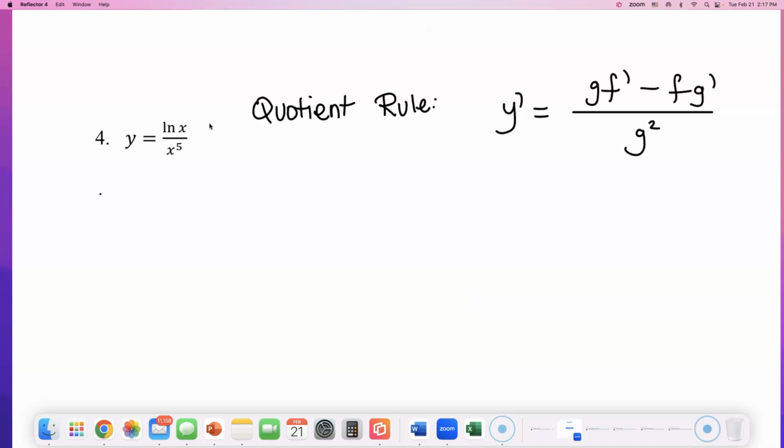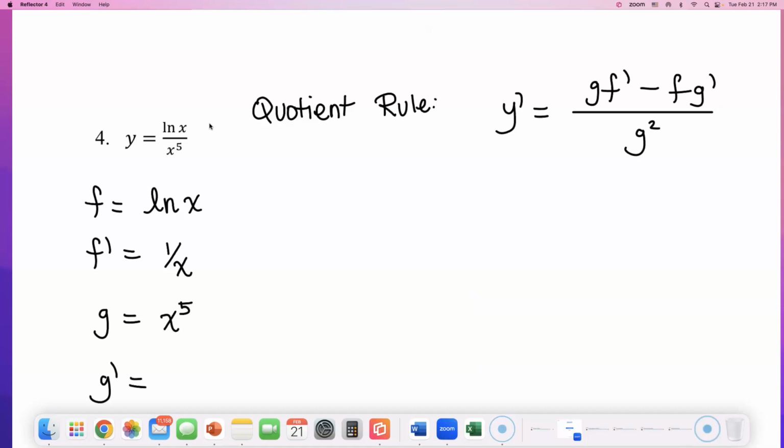Let's label everything. F is what's on top of the fraction, natural log of x. Ooh, what's the derivative of that? 1 over x. G is what's currently sitting in the bottom of the fraction, which is x to the 5th. And g prime has to be 5x to the 4th power. All right, let's put everything together. In the denominator, I have to do g squared.